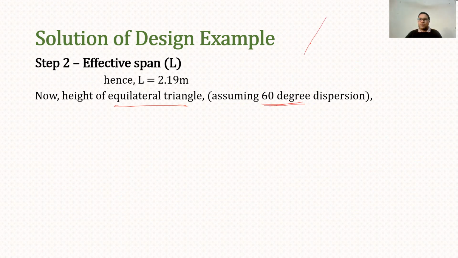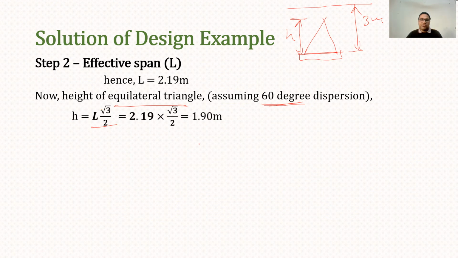So this is our equilateral angle, and height of ceiling from the level of lintel is given, which is 3 meter. So this height can be calculated by using the relation which I have mentioned earlier, which is L into 3 root 3 by 2. So putting the value of L here, we get the value of H is 1.90 meter.